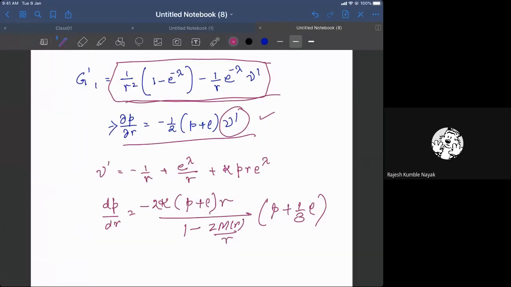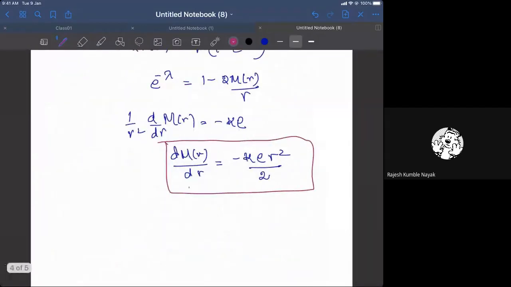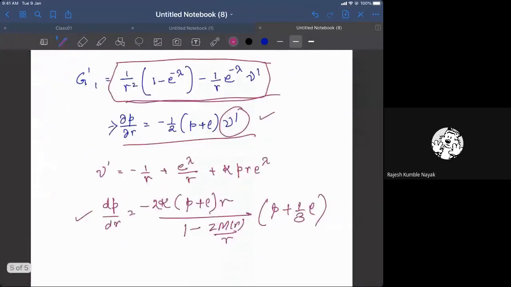So you have basically now two equations, one which says how the rate of change of pressure goes across the star, and the second is how the mass changes across the star. Once you solve these two coupled differential equations, you would simply get the solution to the star.